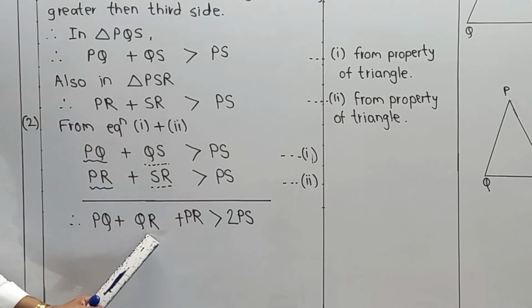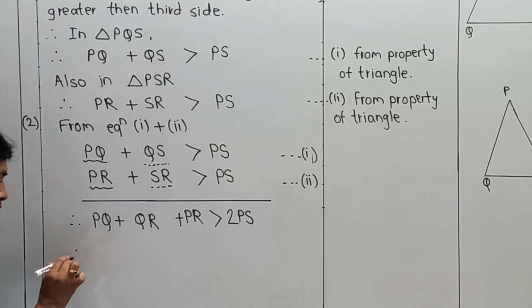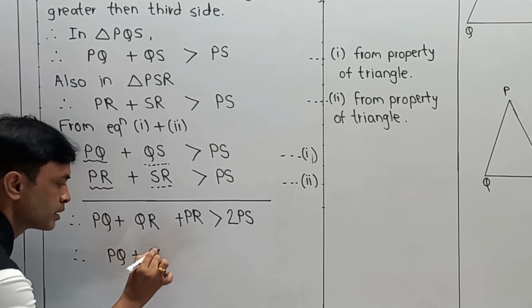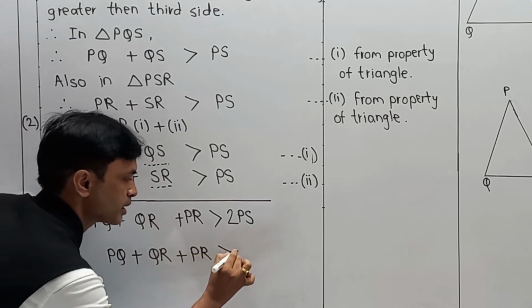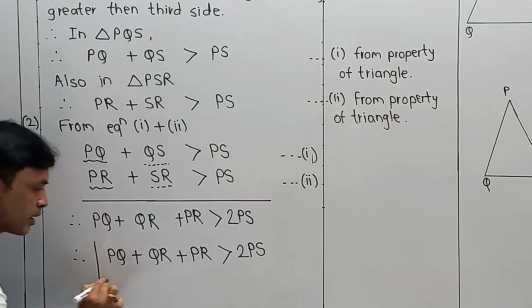So PQ plus QR plus PR is greater than 2 times PS, and this is our required final answer.